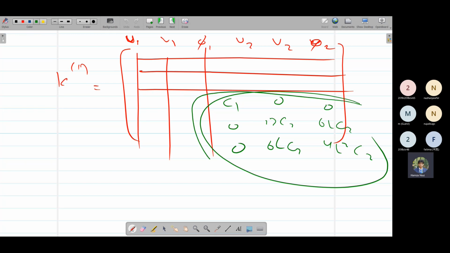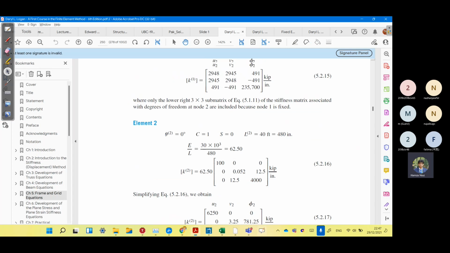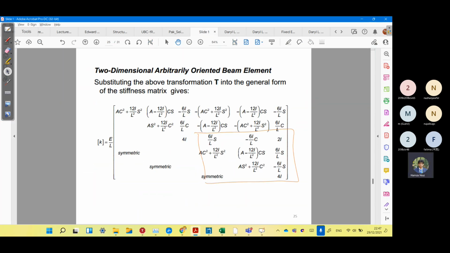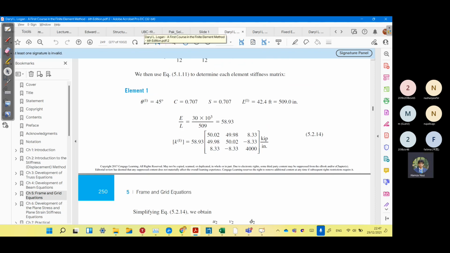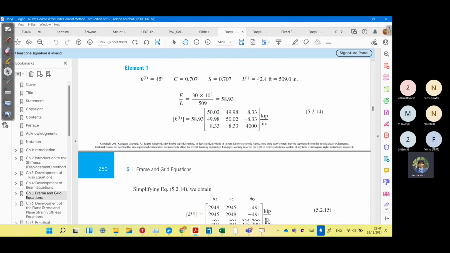So this one is for element 2. Then K2 we can calculate like this. And for K1 we have to use this formula, where S and C are sine and cosine. S and C they have calculated before, and simply they plug in the values and calculate this.